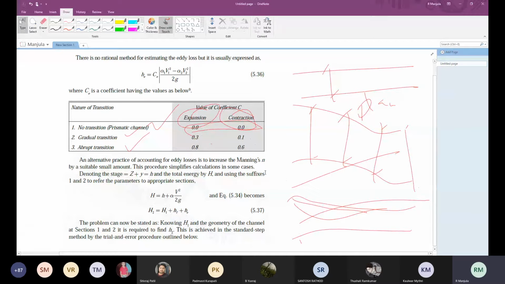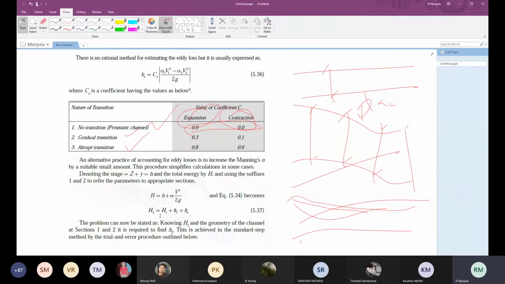If I denote the stage Z plus Y as h and the total energy by capital H, I can assume the two sections 1 and 2 refer to the appropriate sections. So capital H is equal to small h plus alpha V square by 2g. Please remember here capital H is the total energy, and small h is your potential head, or your head at the section depth, or you can say the depth of the flow.